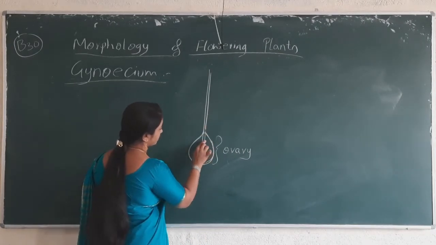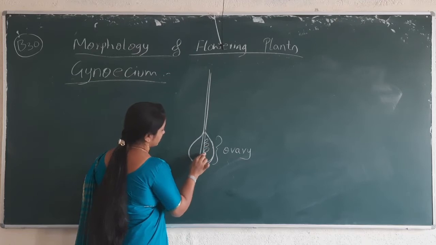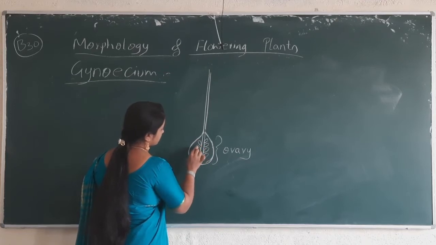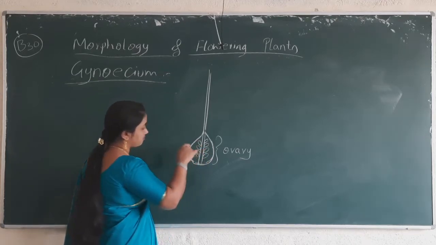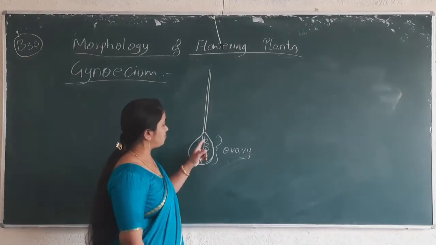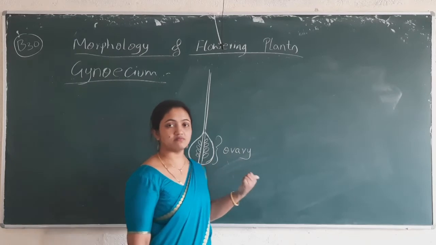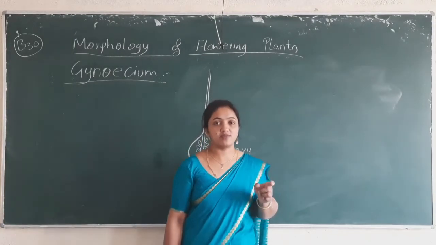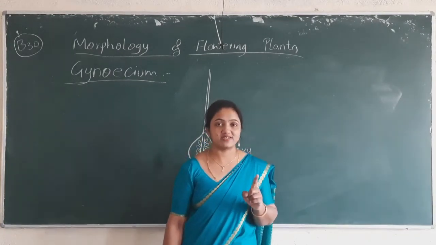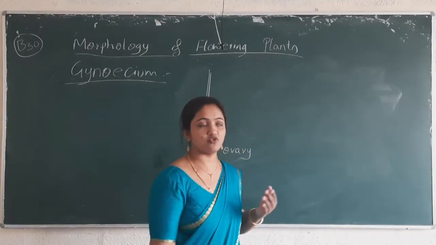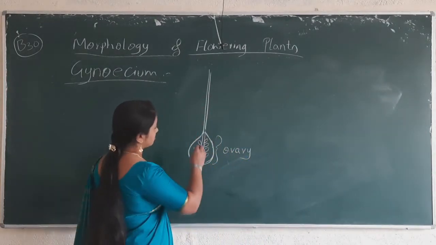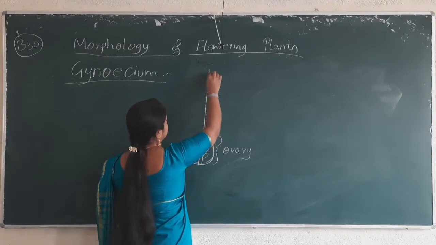Inside the ovary, it has ovules. Now here I am drawing 4 or 8 ovules, but in some ovaries only one ovule will be present, and 2 or 3 ovules in others, depending on the species.